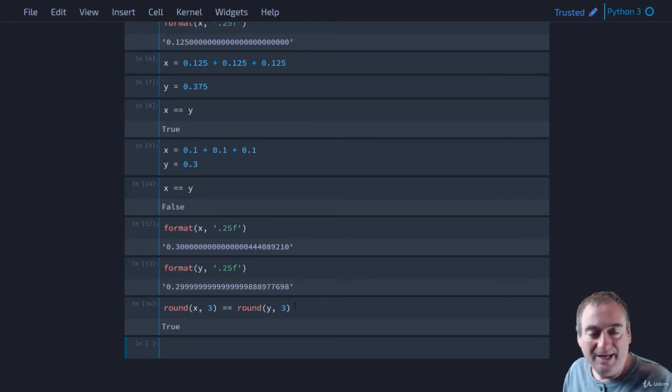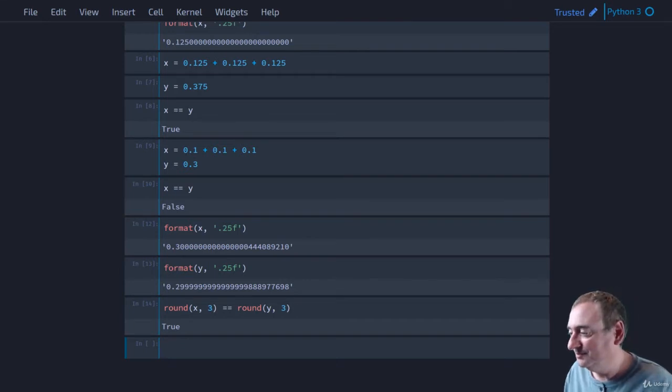And of course, that has problems. We saw that when we looked at the isclose method. We looked at using absolute and relative tolerances, and we saw that absolute tolerances can be a problem when we're dealing with large numbers compared to numbers close to 0.